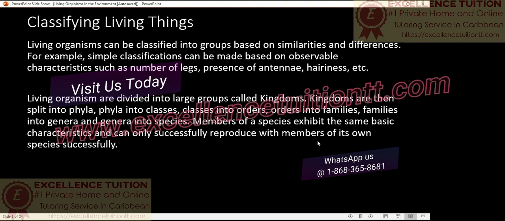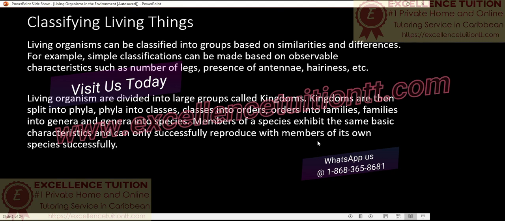Living organisms could be divided into large groups called kingdoms. Kingdoms are then split into phyla, phyla into classes, classes into orders, orders into families, families into genera, and genera into species. You don't need to remember that by heart.